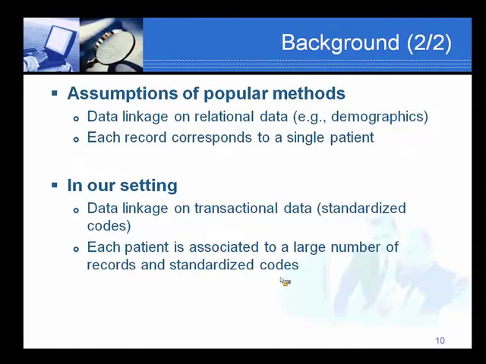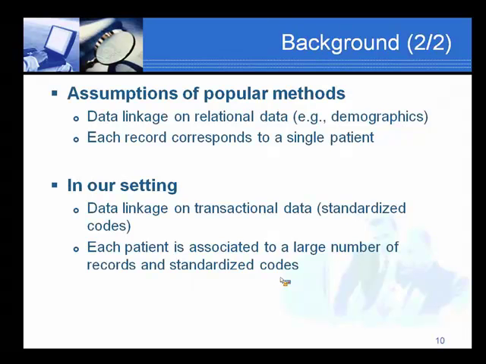These popular methods were originally designed for relational data such as demographics, data that is modeled as relational tables. In this data, an assumption that was made was that each record corresponds to a single patient. However, our setting is a little bit different.